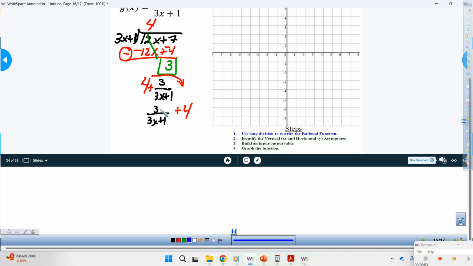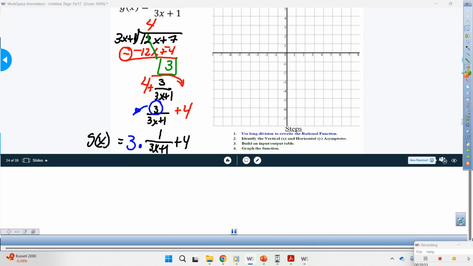We only need a 1 on the numerator. Yeah, that goes in the front. Times 3x plus 1 plus 4. And what do I write on top? 1, and all that equal to g of x. All right, hands if you got that by yourself.